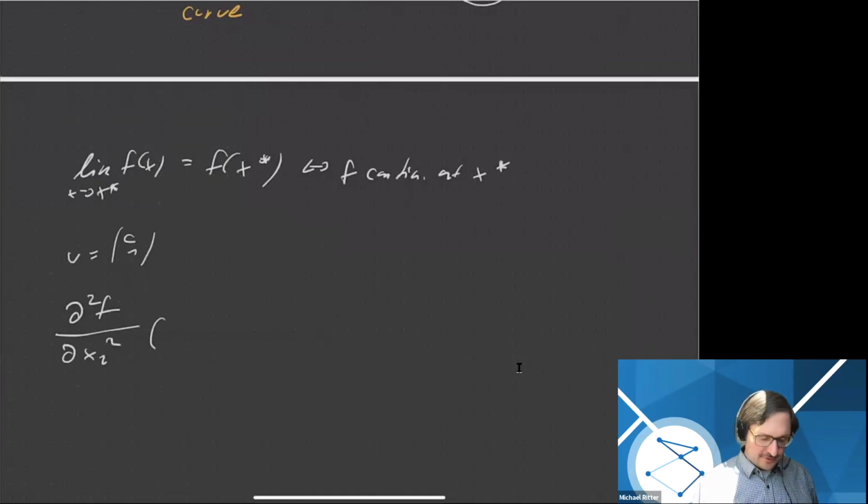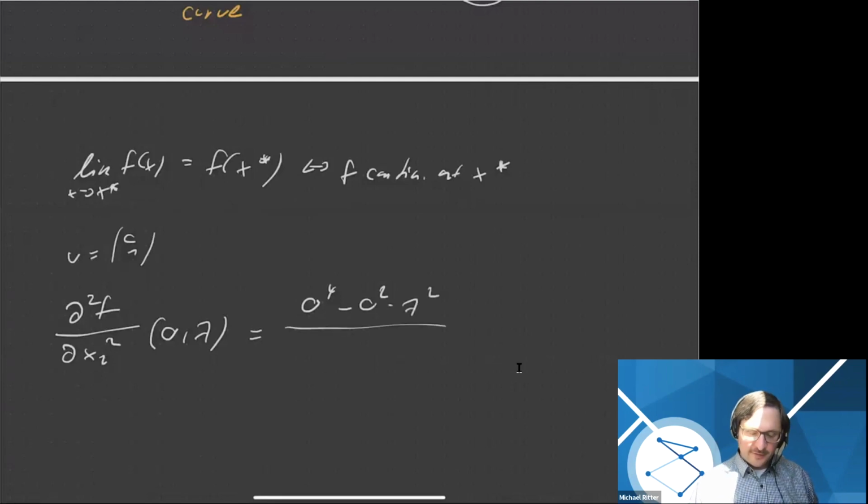And you could just substitute direction (0, 1). So we're moving along that second coordinate only. So x1 becomes 0, x2 becomes lambda. And that means with the expression that we have, that would just become 0 to the 4th minus 0 squared times lambda squared, divided by, that's 0 squared plus lambda squared, squared.